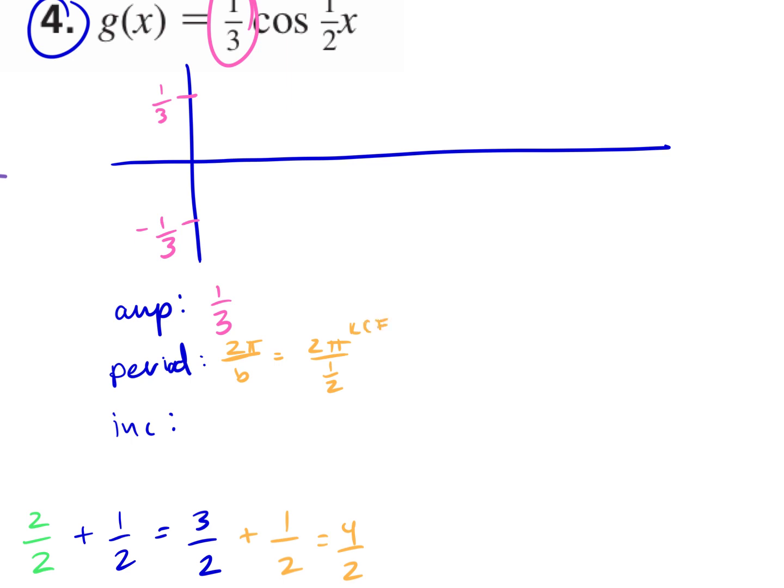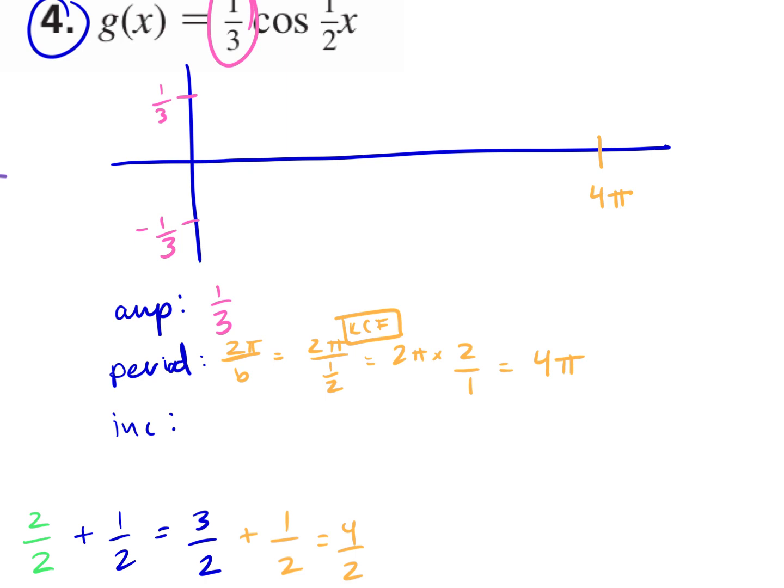We keep the top, change to multiplication, and flip the denominator. So instead of 1/2, it'd be 2 over 1. So this would be 4 pi. So our period ends at 4 pi. We keep, change, flip when you have a fraction and a fraction. You guys got to know that.